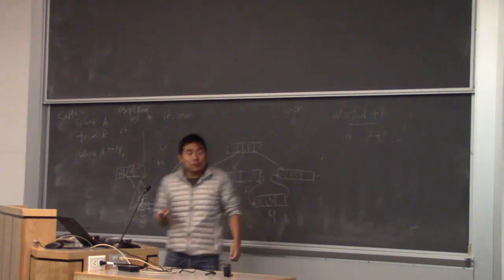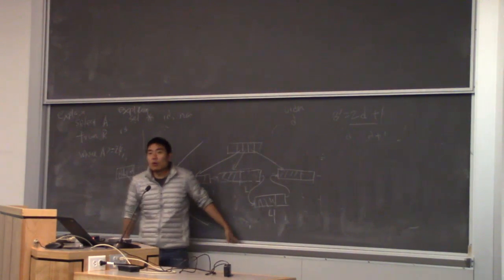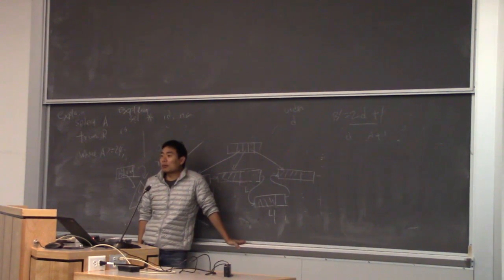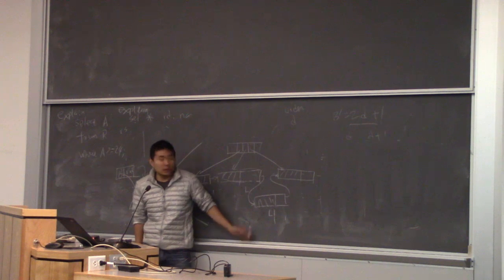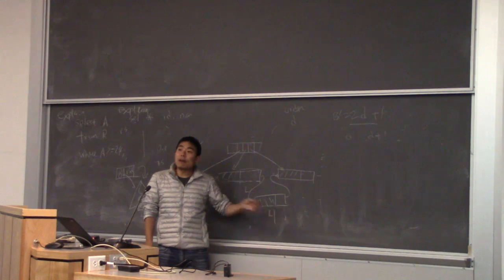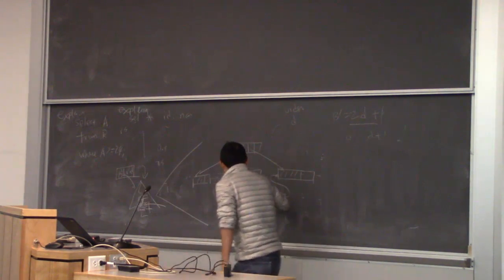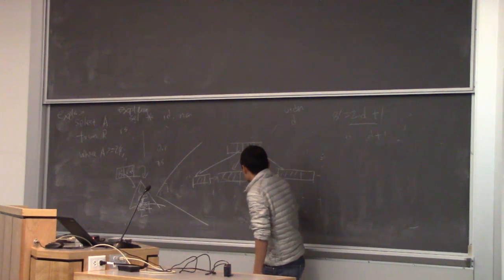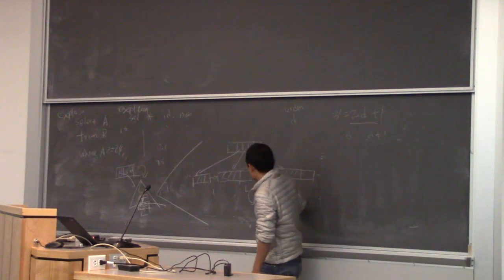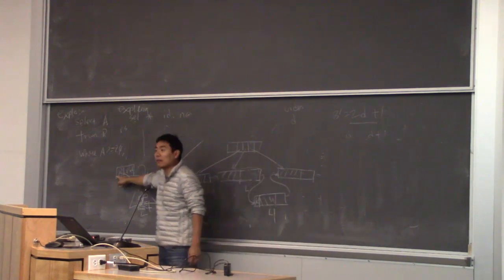Well, the idea is, think about what we have done in the bulk loading process. What we said is, for each leaf level page, we take the smallest search key value. So we take this key value out. Let's say this key value is k prime. This k prime is not necessarily the same as this k.